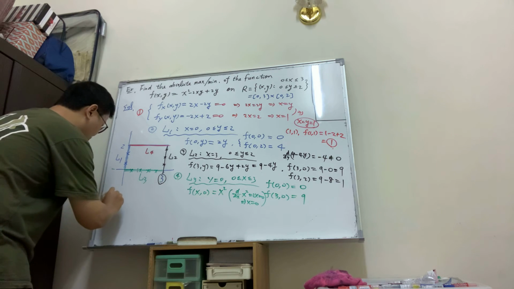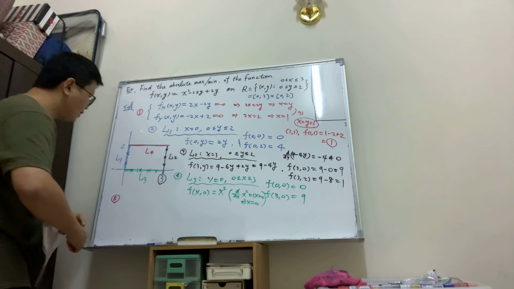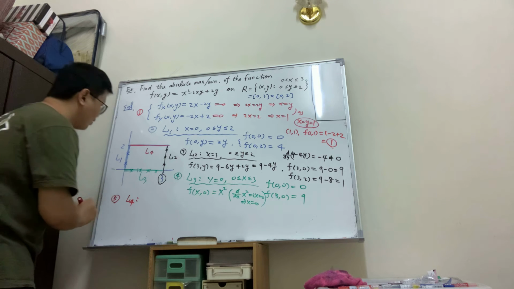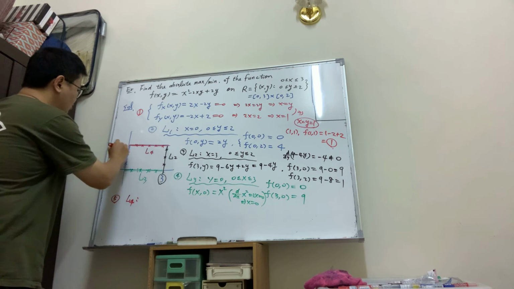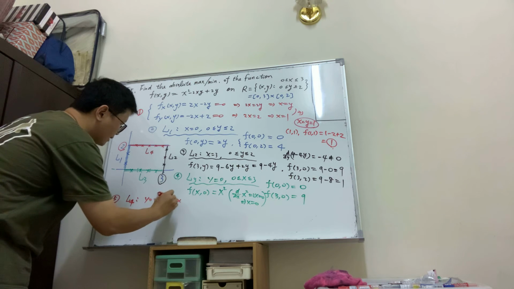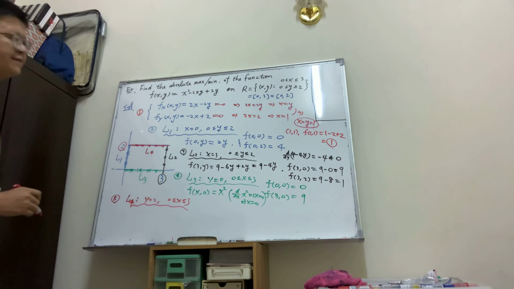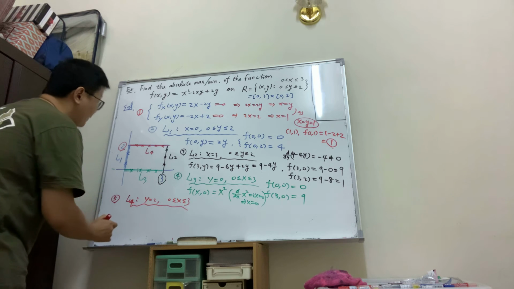Okay, so the last one, L4. On the line L4, all the y coordinate values are equal to 2. So y equals 2, and x between 0 and 3 is a line. So you plug in the value 2 for the variable y.